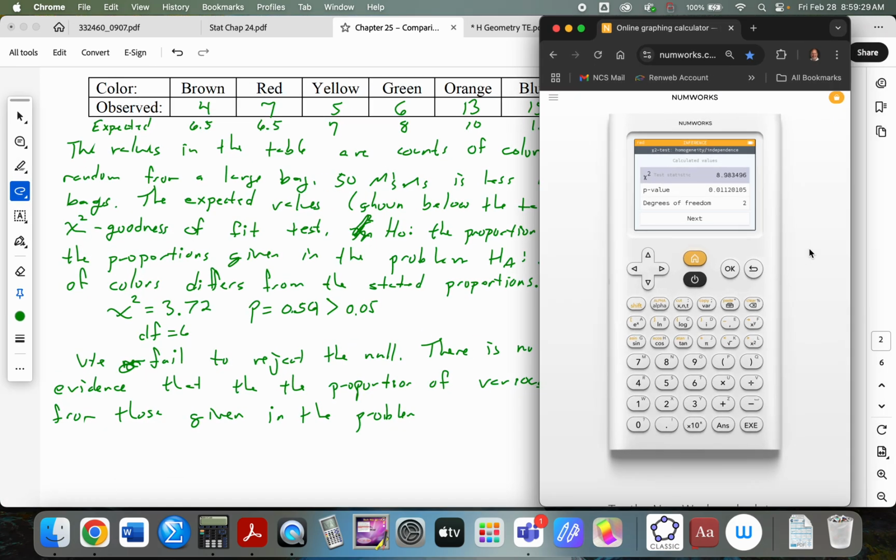If you're doing this on your NumWorks calculator, so we're in inference, we're doing a test, we go down to chi-square, and it's a goodness of fit test. And the thing I like about this is that you don't have to go, oh yeah, I need to put those in list 1 and list 2. You put them in the list here.